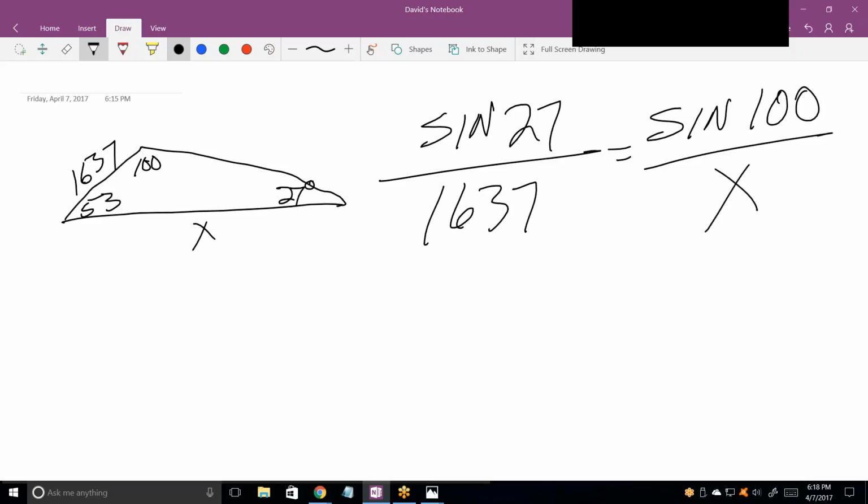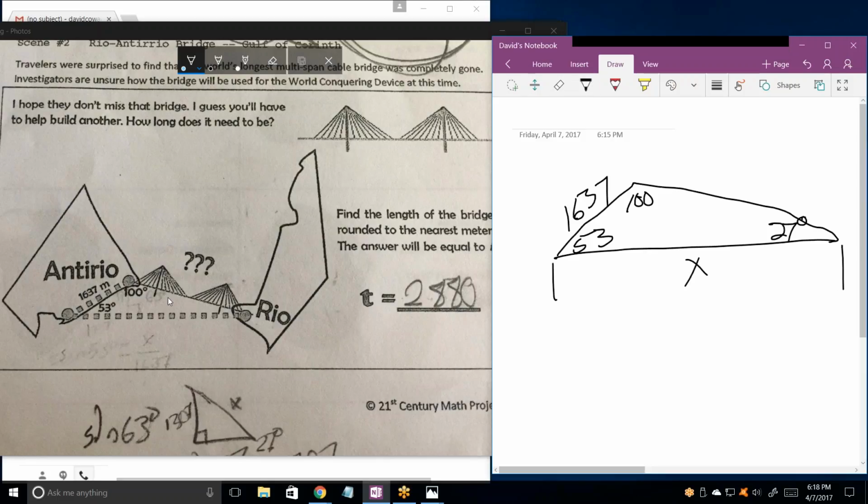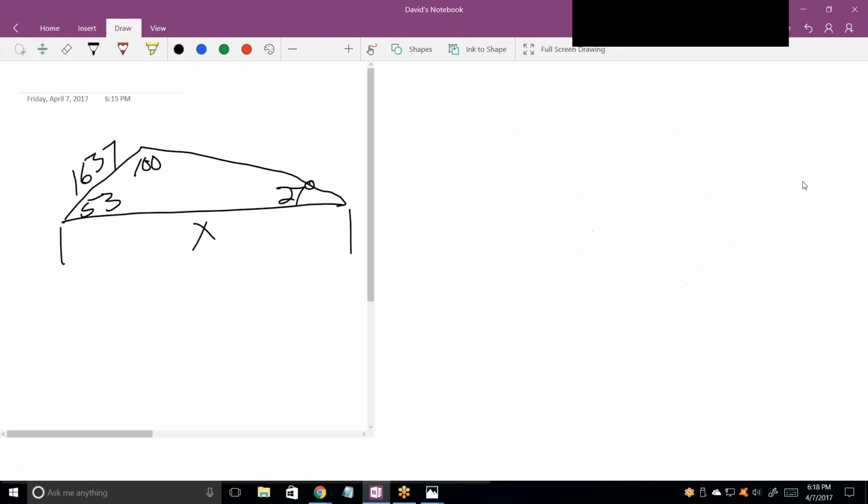Or, sorry, not that x. No, you're right. It's definitely x, and that's the length of the bridge that they need. I didn't even read the problem, but I'm assuming that's what they're asking for, that bottom base of this triangle. I think they're asking for the other side. Okay, well, we can solve for all 3 sides here. Right. Oh, yeah, you're right. They're not asking for x.